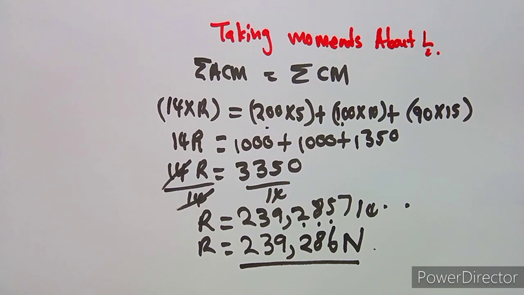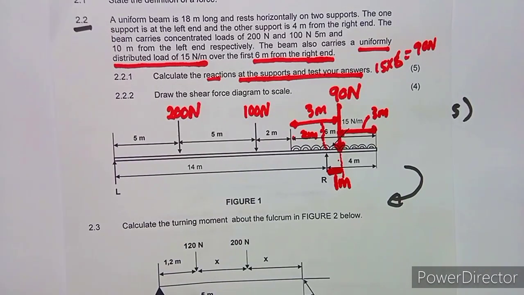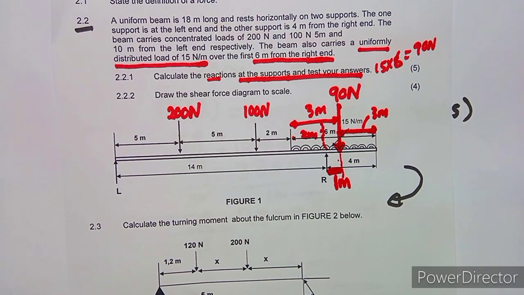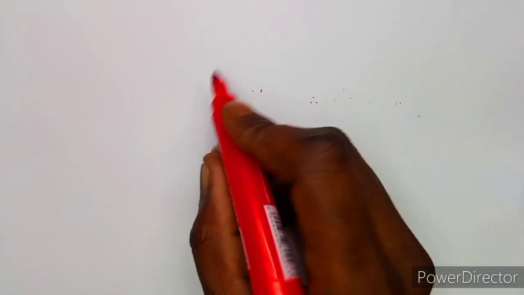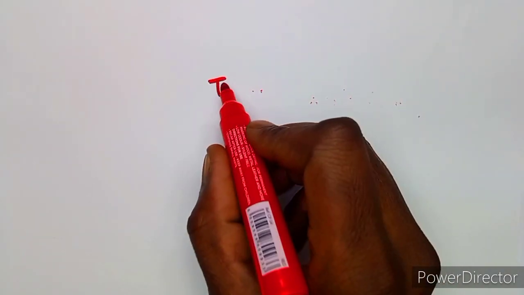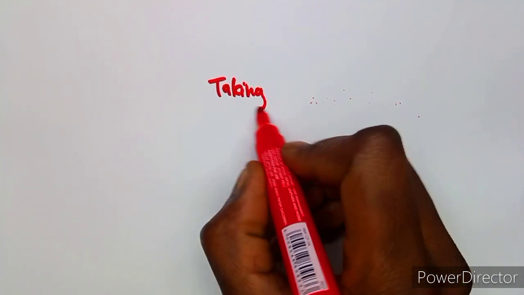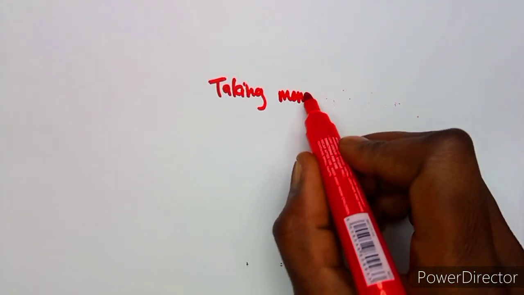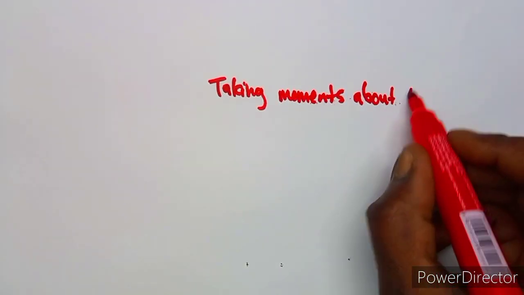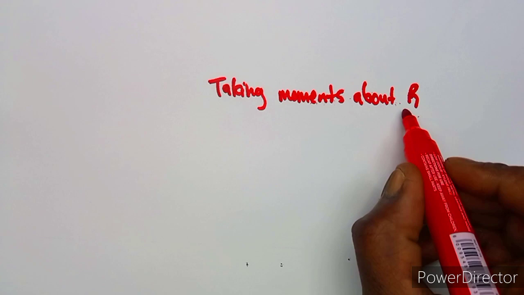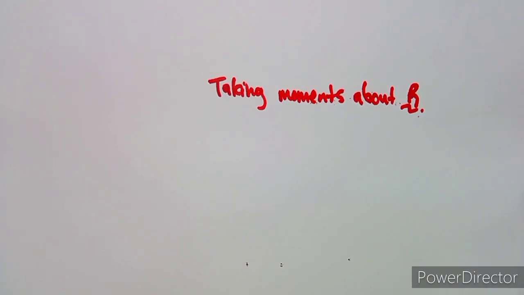So here we were taking moments about L. Now we are going to take moments about R and see what we get. Let's quickly do this, guys. It's about R this time, not L, because L we are done with.